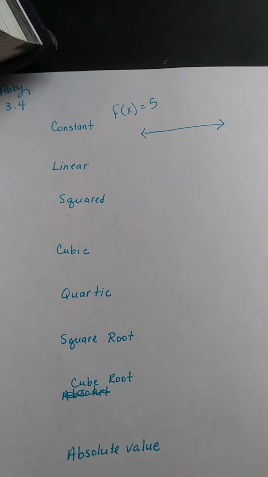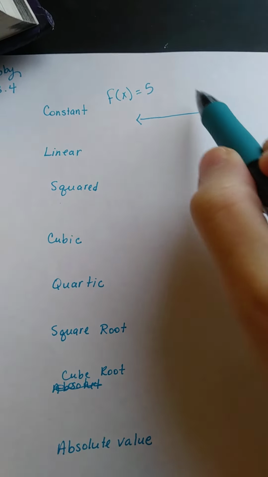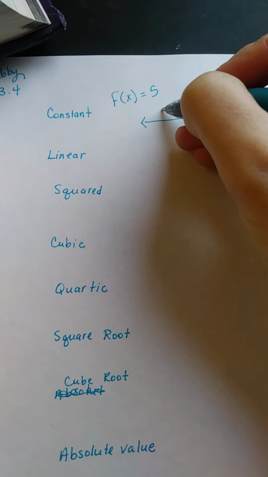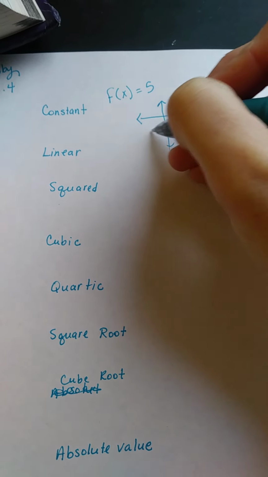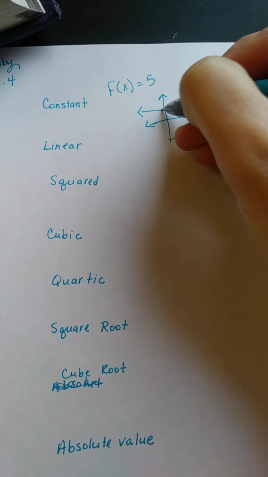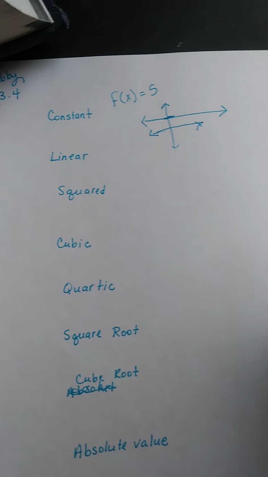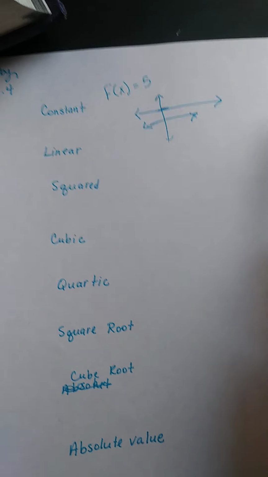This is the equivalent of y equals 5, so you can see this one, for example, would be at y equals 5 on the graph, if we have our little axes on there. So that one would be 5 high. And if you had f of x equals 7, it would be 7 high or whatever, but it's always just going to be straight across.